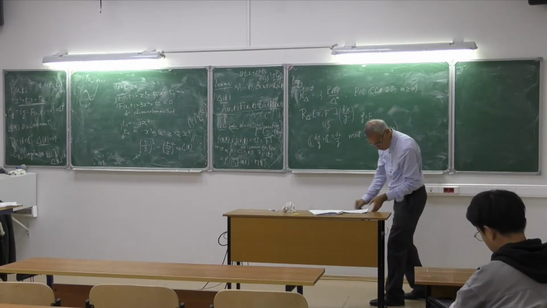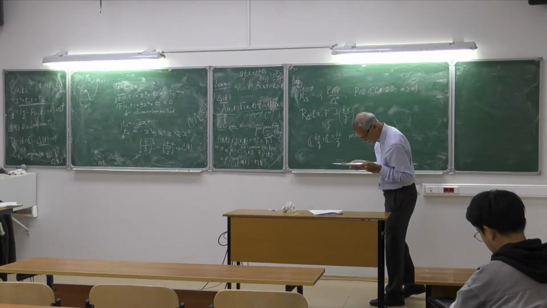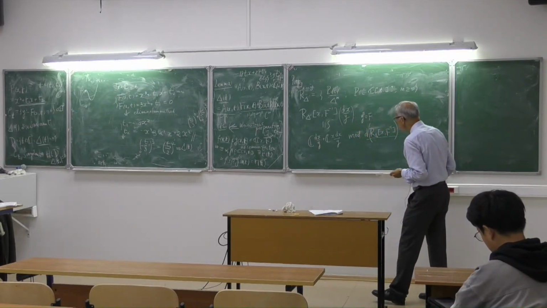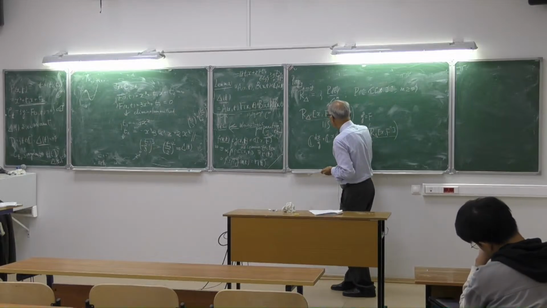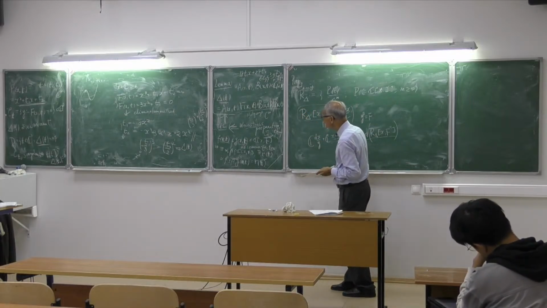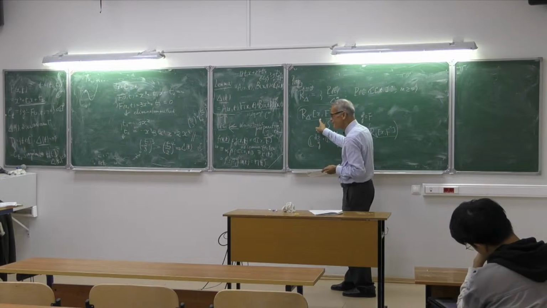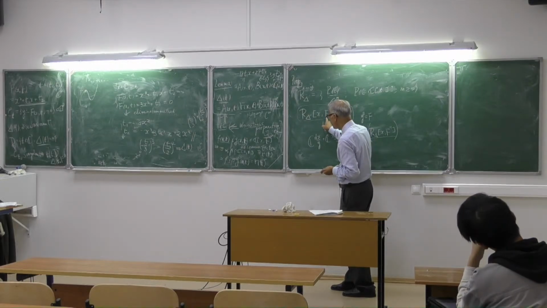So the proof consists of two steps. There are infinitely many differential forms with respect to x and powers of f.